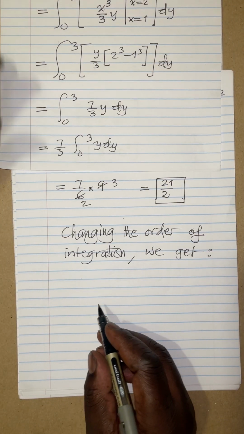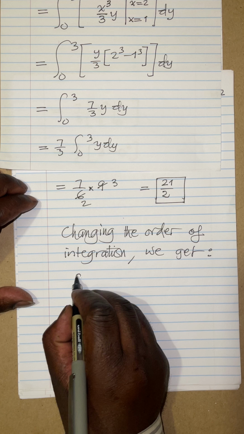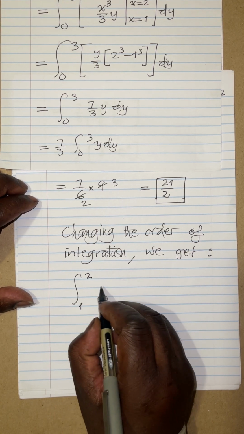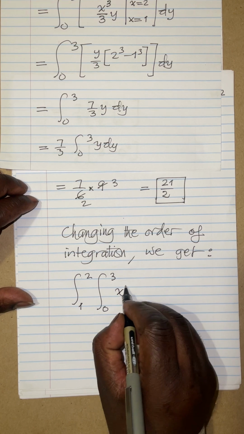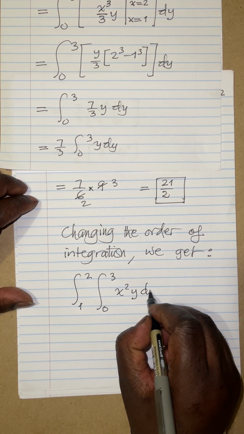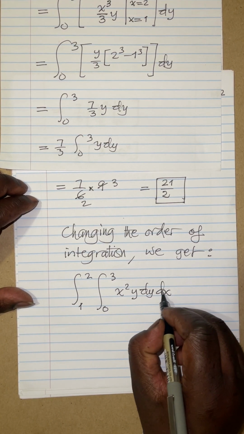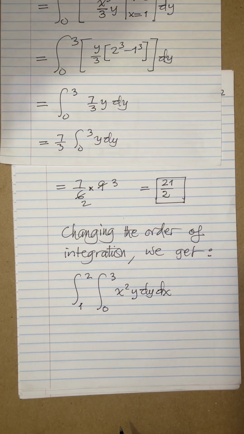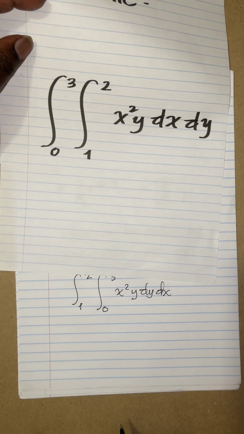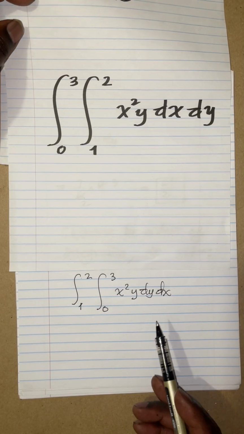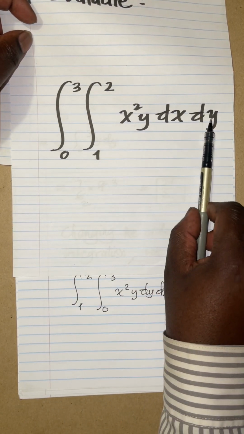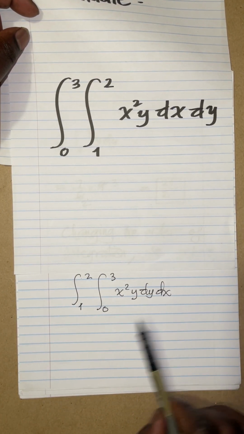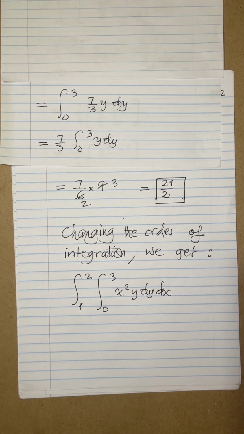So now we have to say integral from 1 up to 2, and then integral from 0 up to 3 of, we're still having x squared y, but now we have dy dx. Remember, changing order of integration, we take this integral out, this in, we take dy in, dx out, like this. Right, let's see what we get.